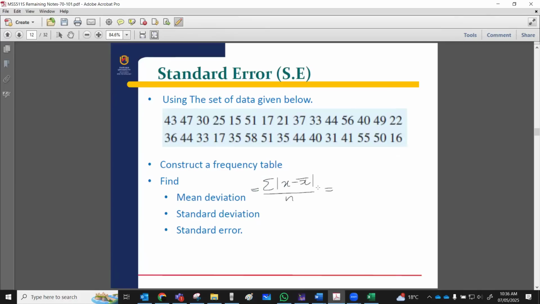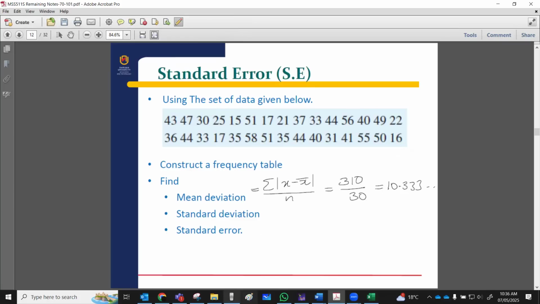Okay, so I've worked it out for this one here. In the numerator here, I got 310, and here n is 30. So I got 10.333. Okay, so you should try and work it out and see if you're getting the same thing.